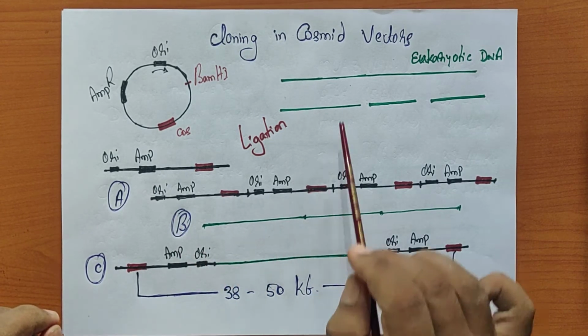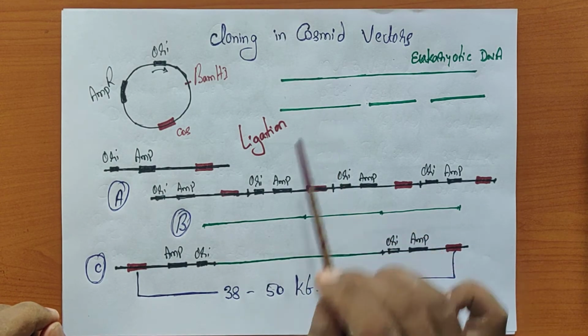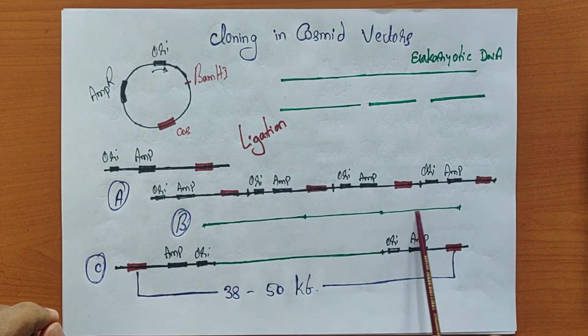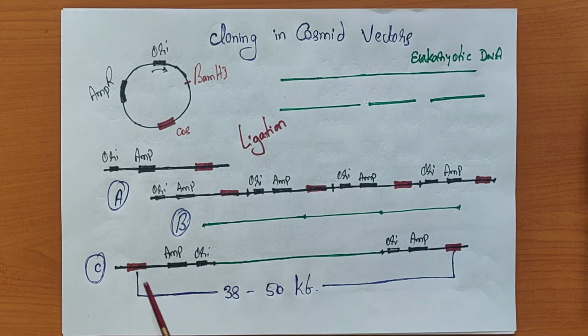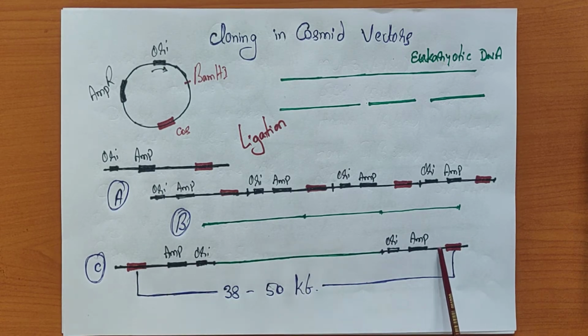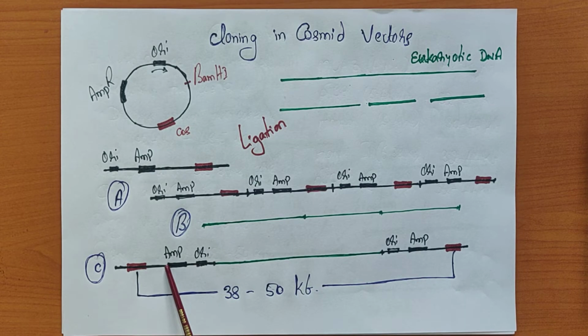Another possibility is that the DNA fragments undergo a similar linear polymerization. Since there is no cos site, there is no way it is going to get packaged. Then the other species which is required by us is one plasmid DNA here and another plasmid DNA here. This acts like a left arm of the cosmid vector, and this acts like a right arm.